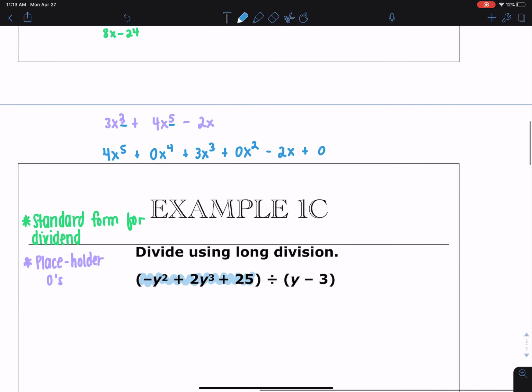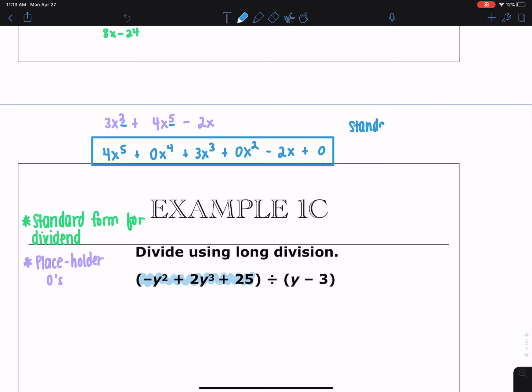So this now is in standard form with placeholder zeros. Standard form with placeholder zeros. So anything that's missing from our highest term down, we need to put in placeholder zeros. And that's only for division.